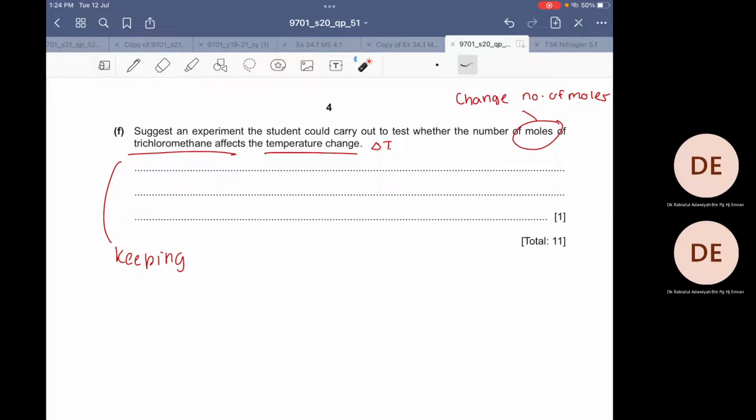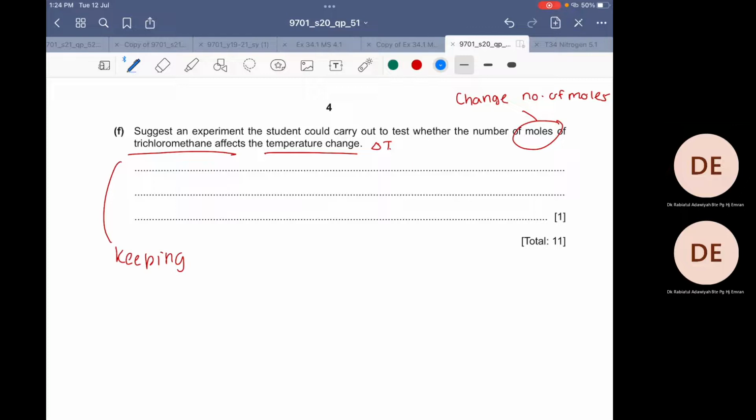Suggest an experiment the student could carry out to test whether the number of moles of trichloromethane affects the temperature change delta T. So at first I thought, if you want to change the number of moles of trichloromethane, I would change the volume of trichloromethane, because changing the volume would also change the number of moles, right?